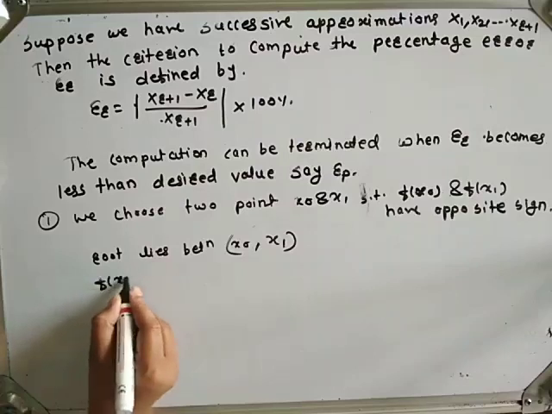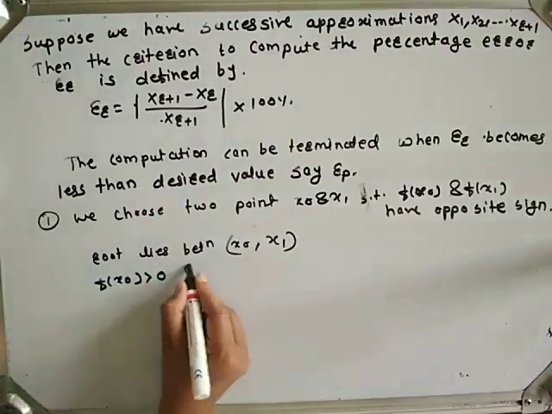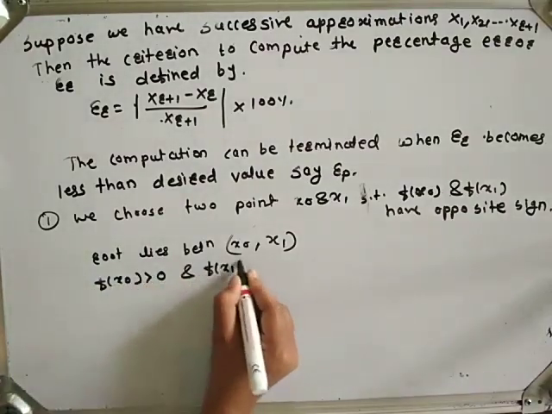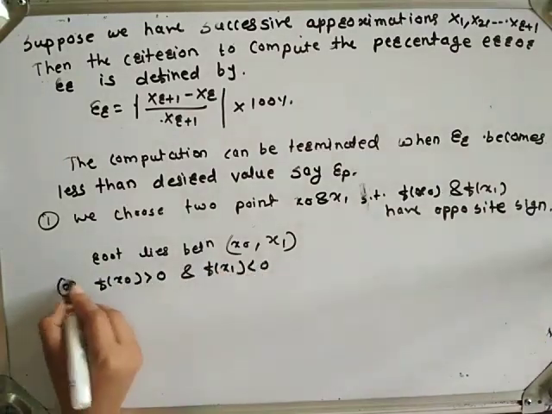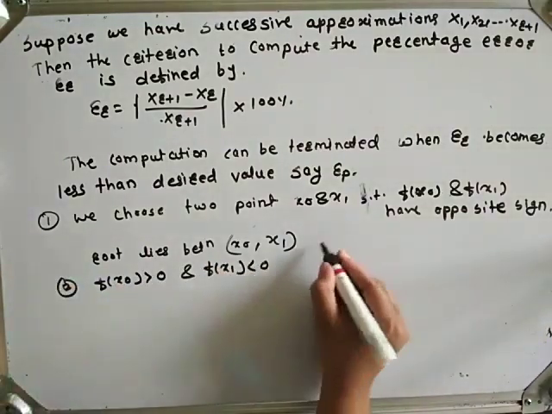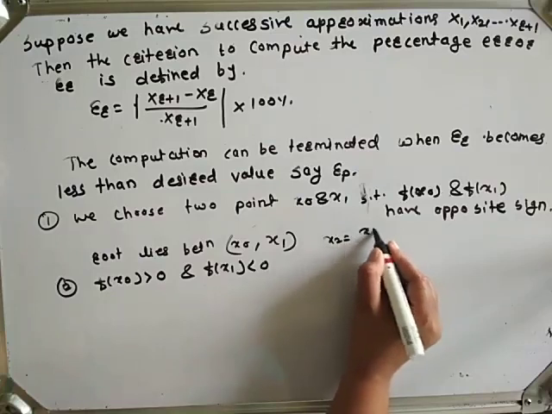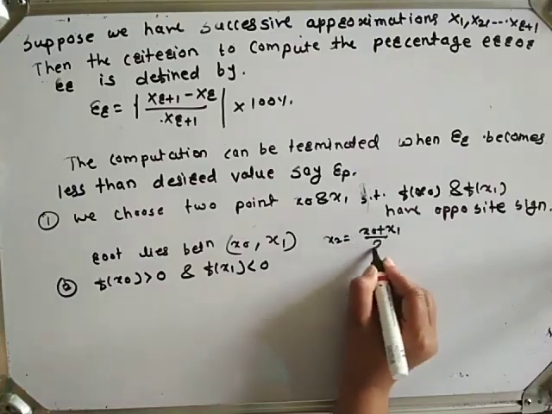Suppose we have considered f of x0 is positive and f of x1 is negative, second case, and suppose x2 is equal to (x0 + x1) / 2.